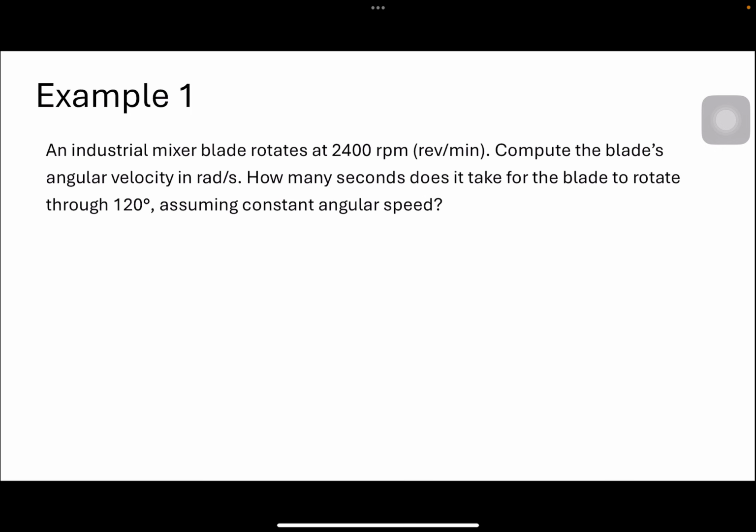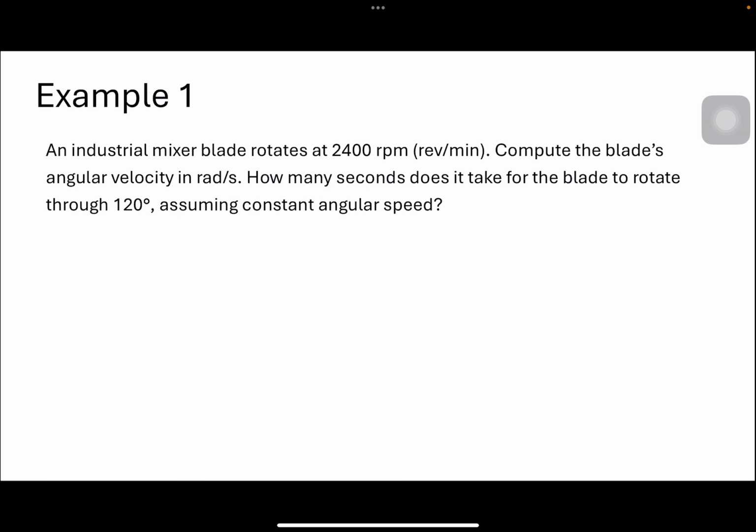Let's try some examples. Example number 1 reads, you have an industrial mixer blade which rotates at 2,400 revolutions per minute or RPM. You're asked to compute the blade's angular velocity in radians per second. How many seconds does it take for the blade to rotate through 120 degrees? Assume constant angular speed.